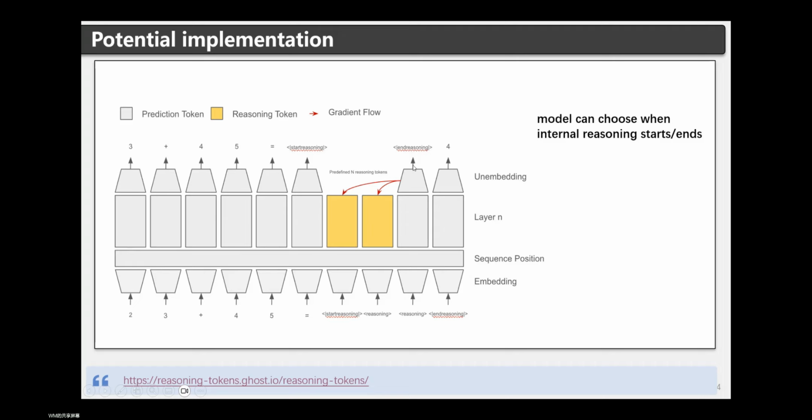Another thing we need to mention is that the end reasoning token will calculate the gradient with respect to the reasoning tokens, which helps the model better understand how to conduct the reasoning process. These are the implementation details of the internal reasoning process.